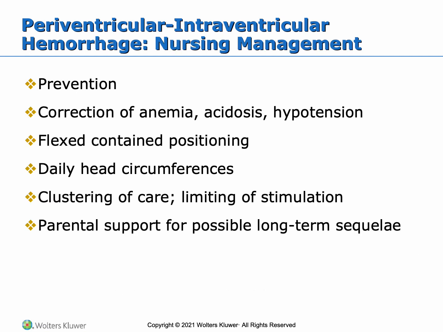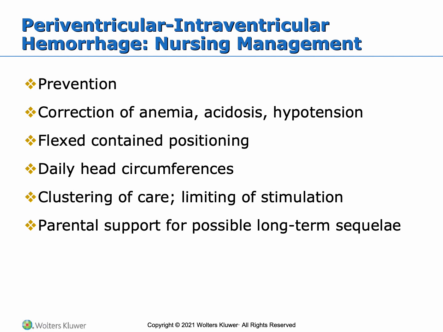Key is prevention, so we need to prevent that preterm birth, keep the baby in that womb as long as possible, making sure that these moms deliver in a hospital with a NICU, correcting that anemia, acidosis, and hypotension.